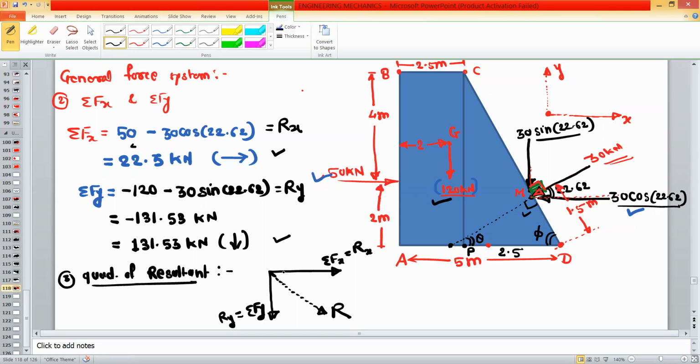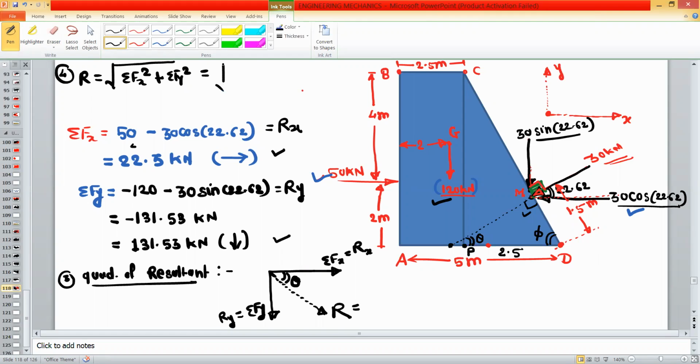So right now we have to find out this angle, that is theta, and the magnitude of the resultant. Okay. So we will use the resultant formula. So this is the fourth step. R is equal to square root summation fx square plus summation fy square.